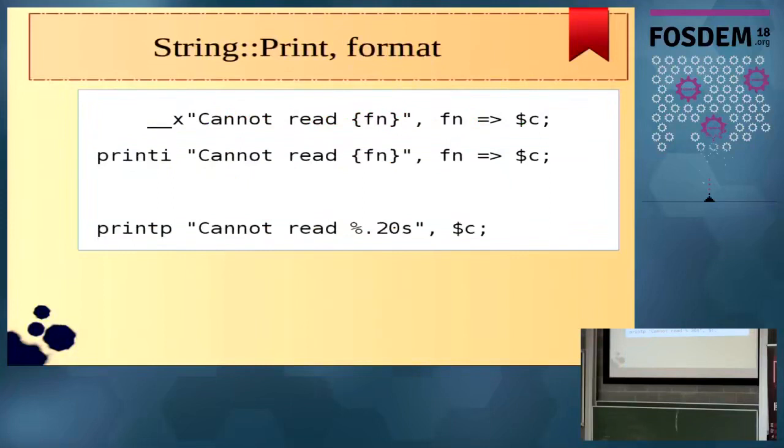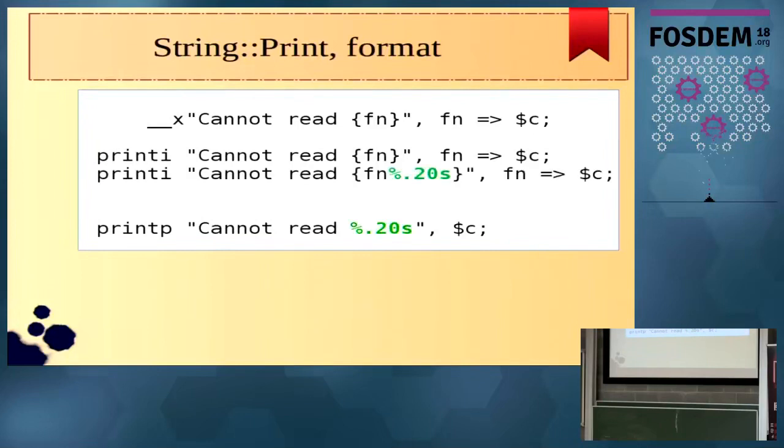There's also a print P in the same module, and now you have positional printing. The nice thing about positional printing is that you can say things like: at most 20 characters I want to be inserted here. We lost that in the curly syntax, so I added it to the curly syntax. Now you can say, I want it filled in, but with a maximum of 20 characters inserted.